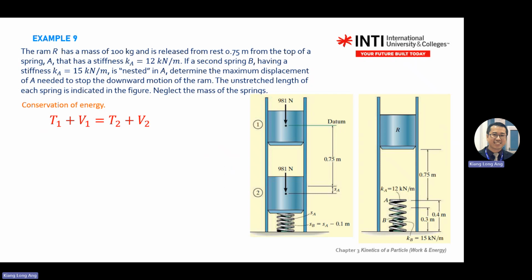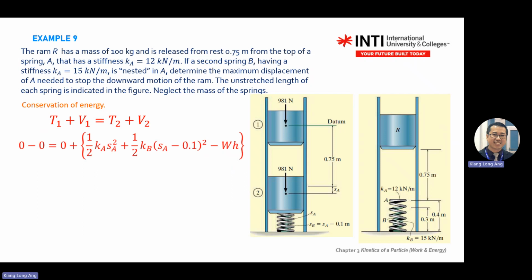V is potential energy. Potential energy we only consider two: gravity, datum, and spring. So mgh plus the spring energy, half kx squared. So before and after.